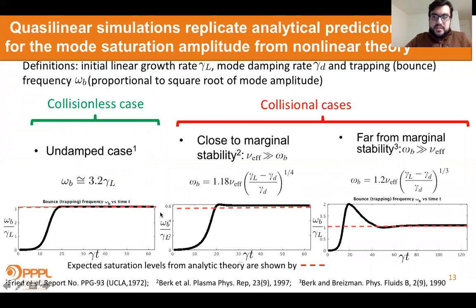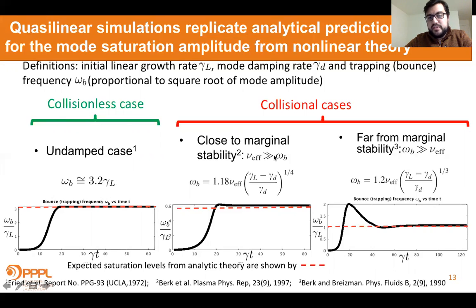Additional verifications, which give us some confidence that the code is behaving as expected, are three expressions for the saturation level in limiting cases. The first case is a collisionless case. That's not an analytic expression, but it comes from Vlasov codes.